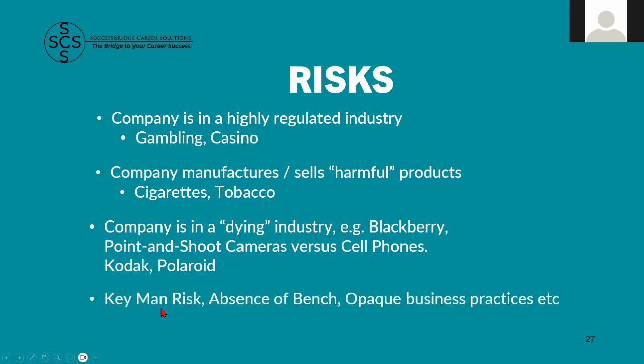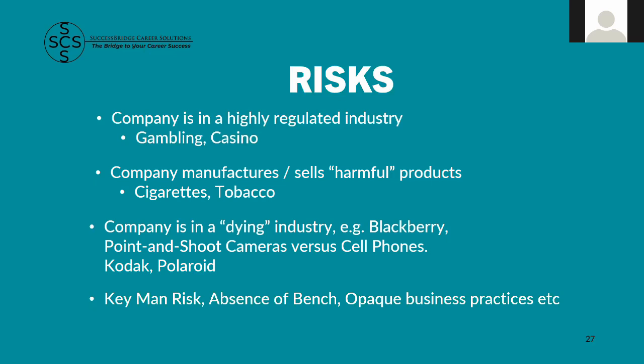And then there is another kind of risk called the key man risk. What is key man risk? Typically we see a lot of these young companies that depend only on one person, the founder or the CEO, who sets the vision, who is in charge of operations, who is basically doing everything.